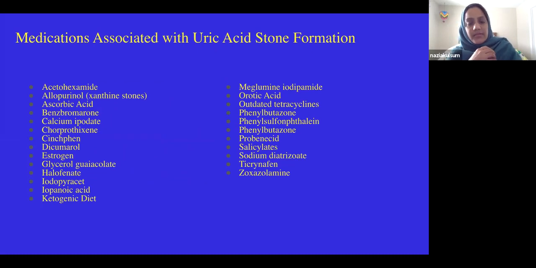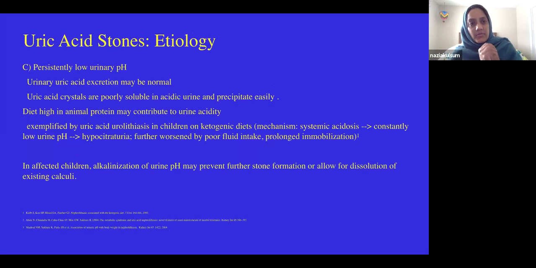And again, medications that are associated with uric acid stones, we talked about the ketogenic diet, and estrogen, for example, patients who are on estrogen supplementation. Those are all patients who can have high uric acid or formation of uric acid stones.